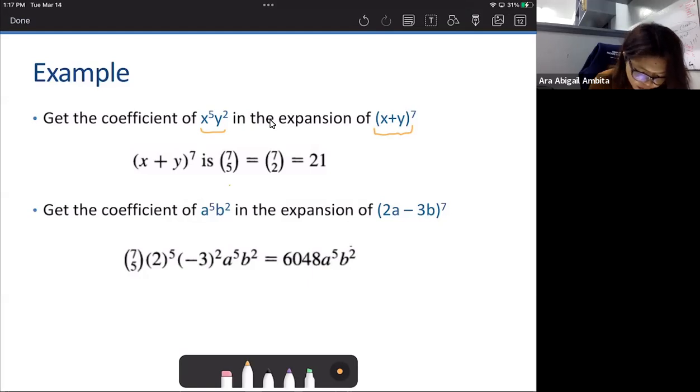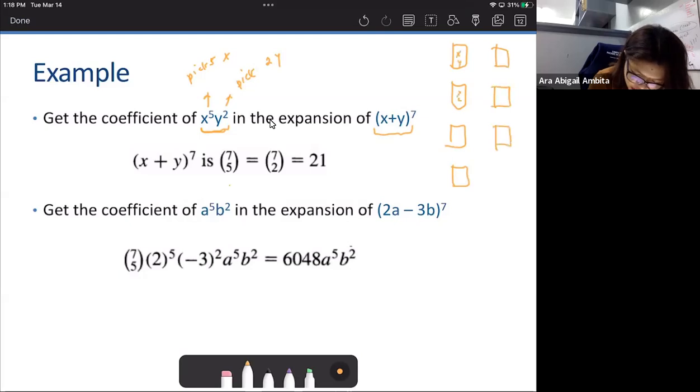Okay, so our problem here is we want to pick 5 x's, and then of course, what's left would be selecting 2 y's. Okay, pick 2 y's. So if we want to visualize that, we have 1, 2, 3, 4, 5, 6, and 7 boxes, each containing x and y.